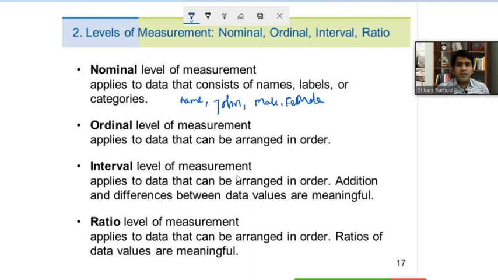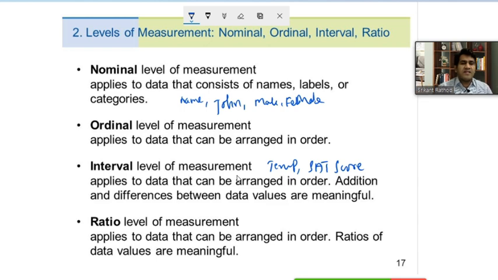And interval applies to data that can be arranged in order, where addition and the differences between the data values are meaningful. An example for interval is temperature, or the SAT score, any score. You can arrange the scores in order with the differences, for example, students who got 1300 to 1400 or 1400 to 1500 and so on.